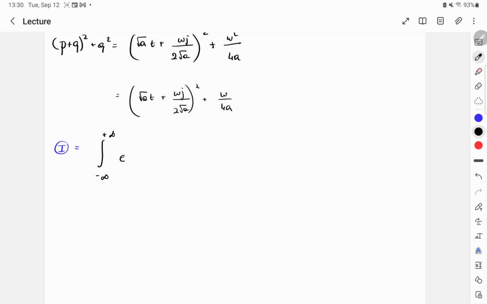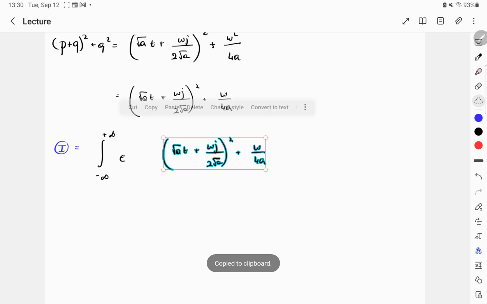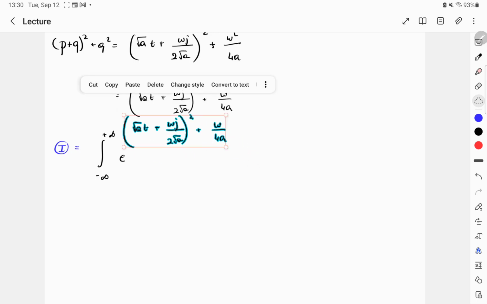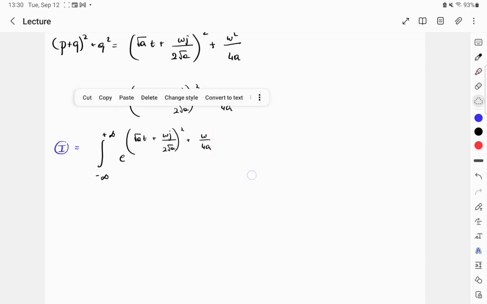We will have this expression over here. Let me copy this. Here we are. But we also had the minus sign. Let me just put it here. And then the t.